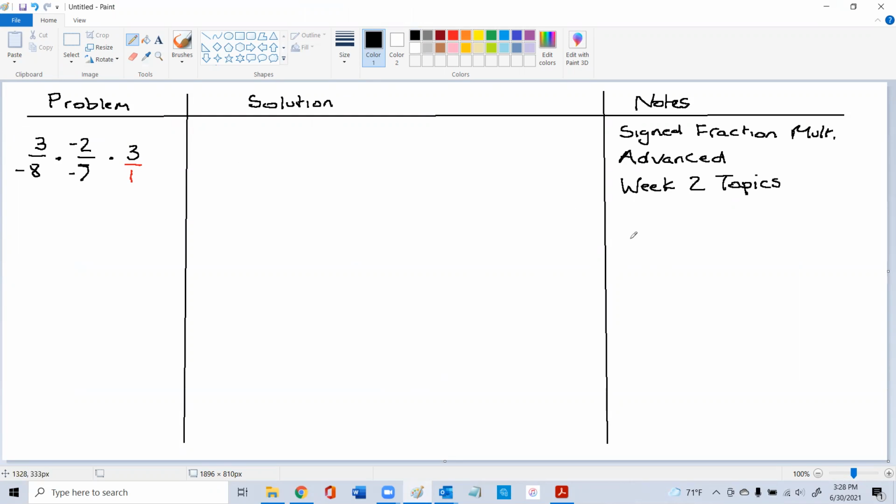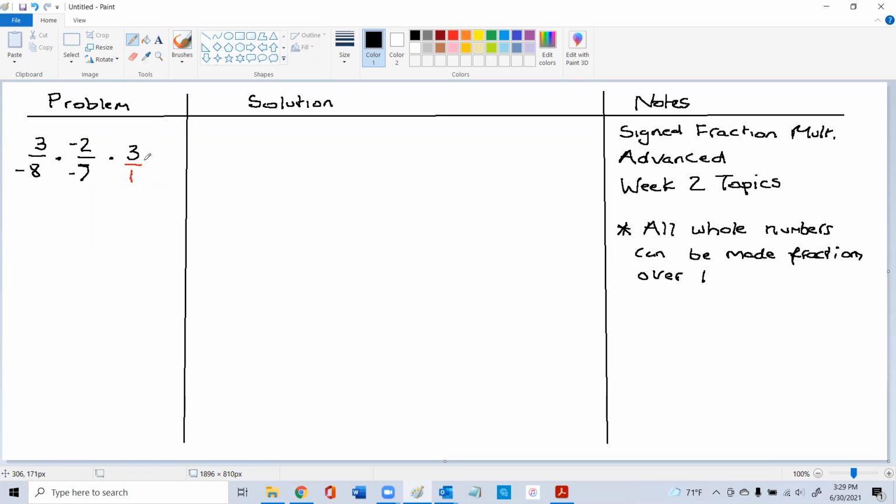And this is something you can use in your notes too, where you can put a bullet and say all whole numbers can be made fractions over 1.